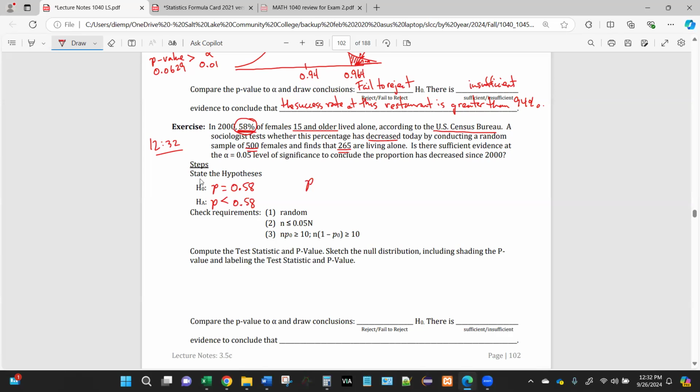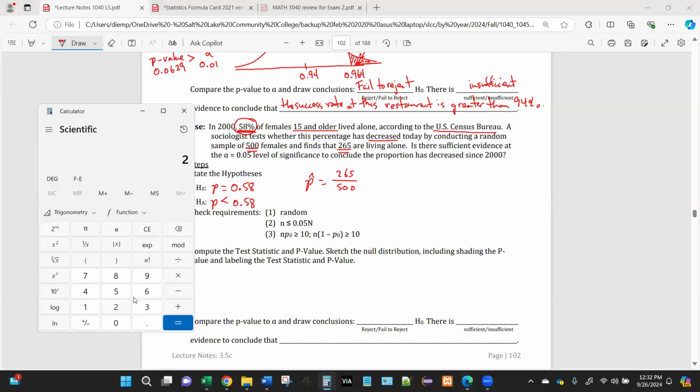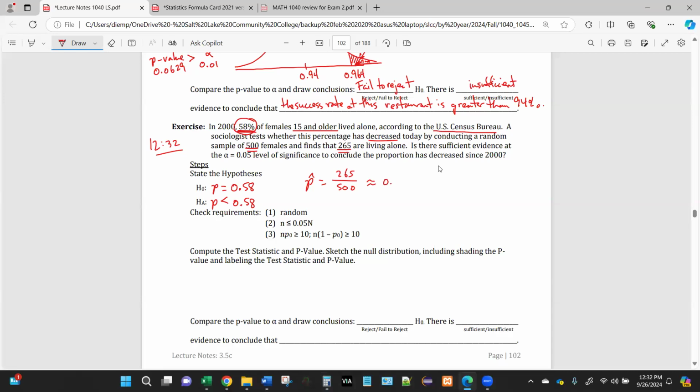So we look at our sample, and we had 265 out of 500. So that p hat is, let's see, I forgot to write it down, 265 divided by 500. So we're looking at about a 53% sample proportion.